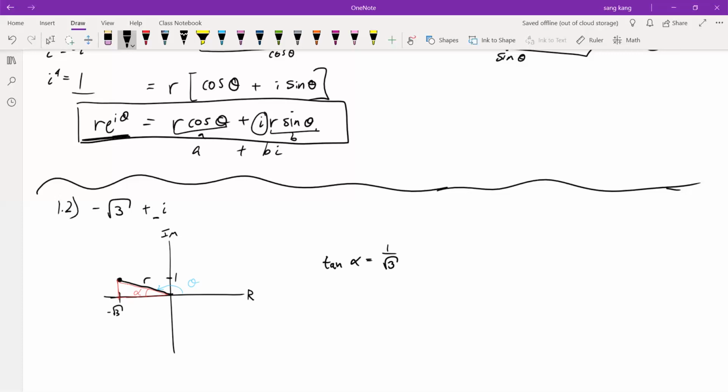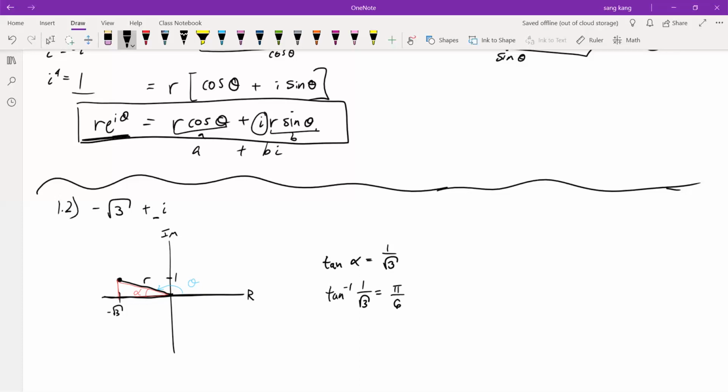All you care about is this angle. It doesn't matter positive or negative. And then based on this graphical representation, you can figure out whether you need to add or subtract pi from it, right? So I'm going to keep everything positive. Therefore, tan inverse of 1 over root 3 is going to give me alpha, which is equal to pi over 6.